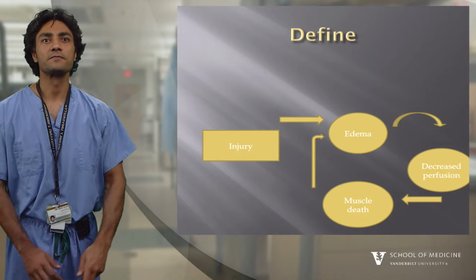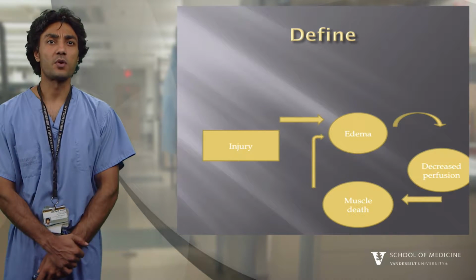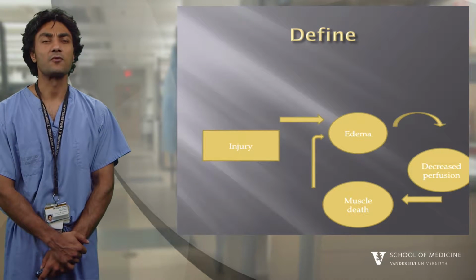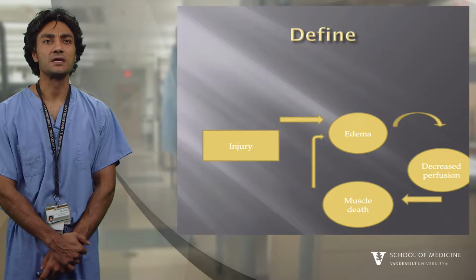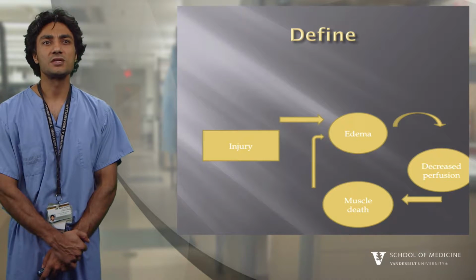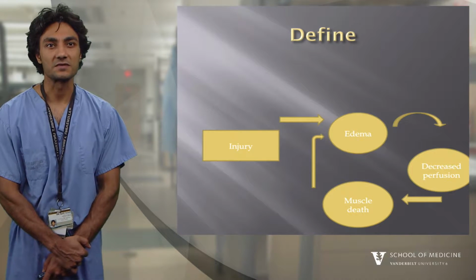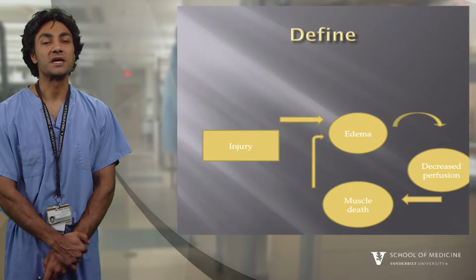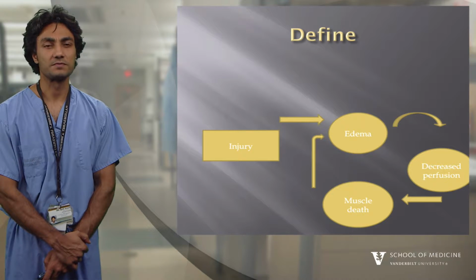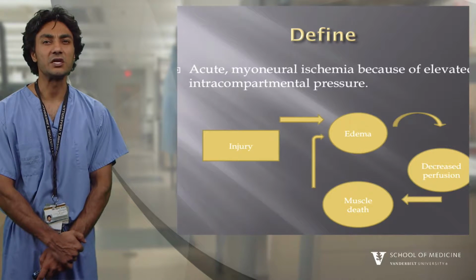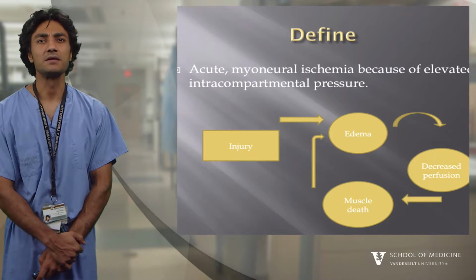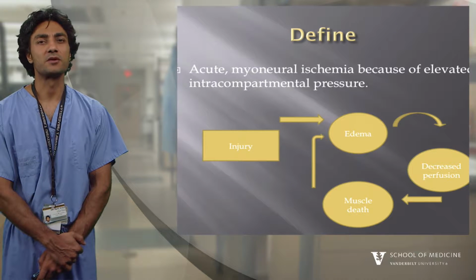The definition of compartment syndrome, really I want you to think about this as oxygen deprivation to muscles and nerves because of elevated pressures. And so that's the definition: acute myoneural ischemia because of elevated intracompartmental pressure.